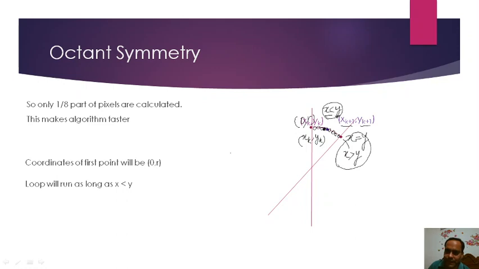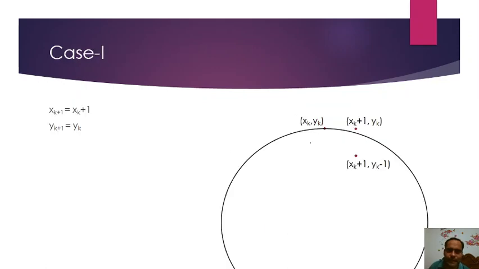Therefore our task will be finding out this point from this point. So we have to calculate these values, and we know these values. So let's do some mathematical work to find it out.